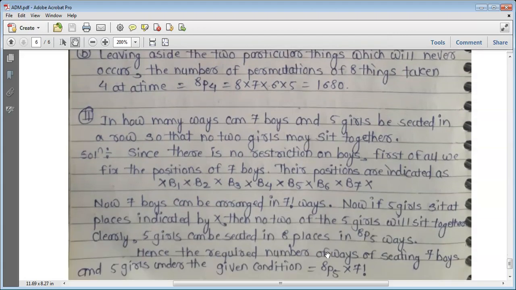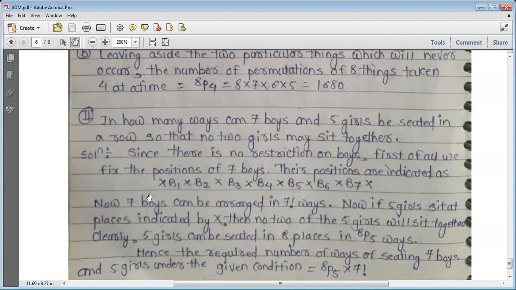The next example is: in how many ways can 7 boys and 5 girls be seated in a row so that no 2 girls sit together? As given, there are 7 boys and 5 girls, and there is no restriction on the 7 boys. Let us suppose the positions of these 7 boys are b1, b2, b3, b4, b5, b6, and b7. Now we have to seat these 5 girls in the star places, so that no 2 girls sit together.